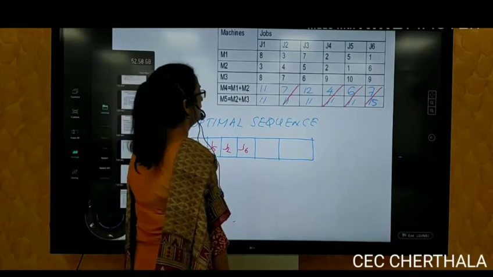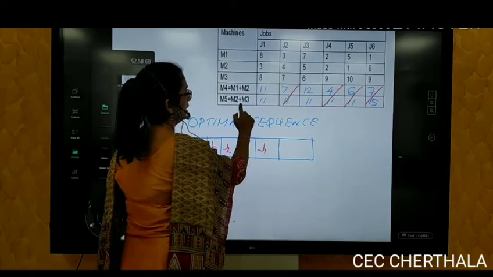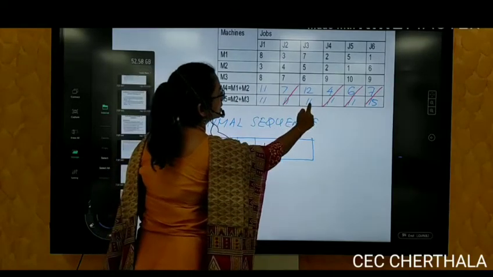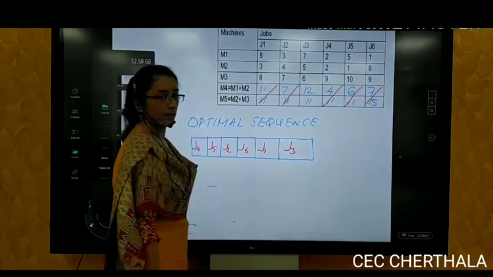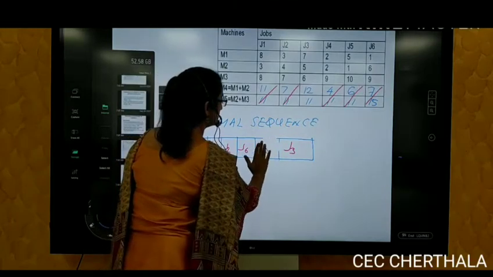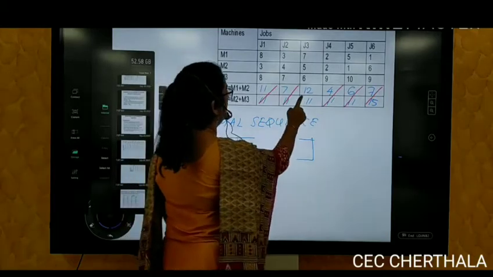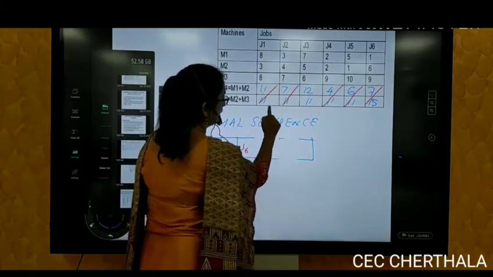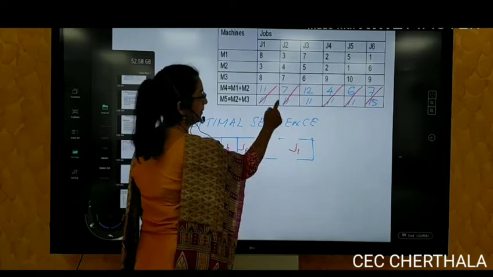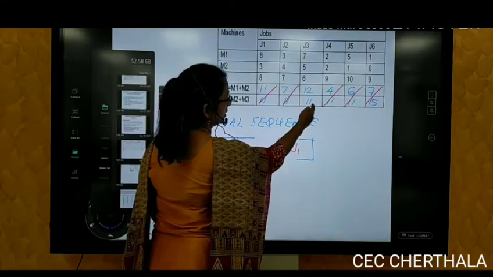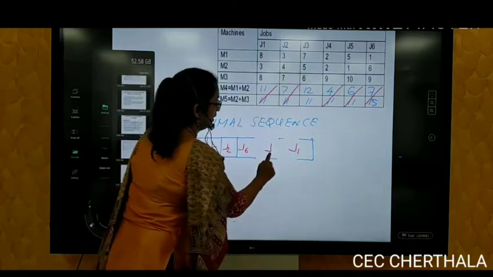So either we can put the corresponding job J1 here and J3 here, or we can put the job J1 here, because 11 lies in the second row, and the next 11 is also in the second row, so next to that J1 we can write the corresponding job J3.